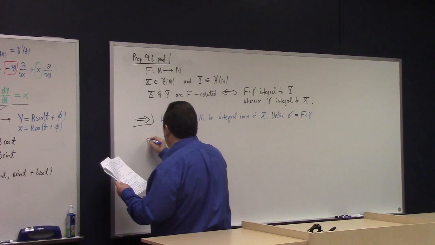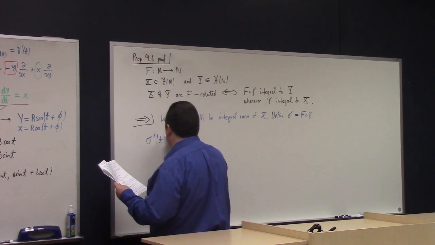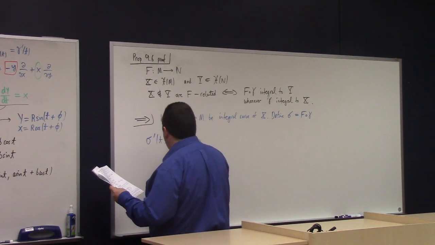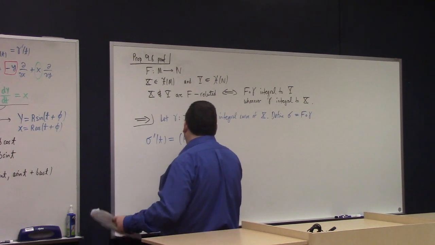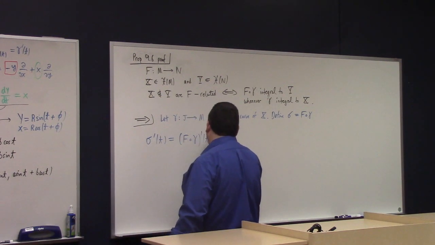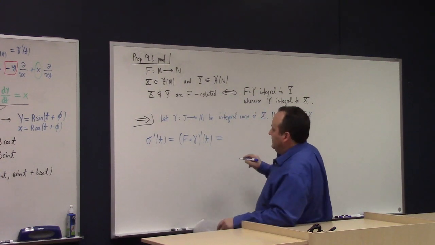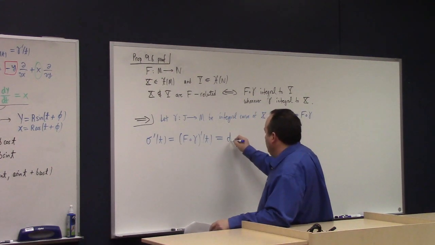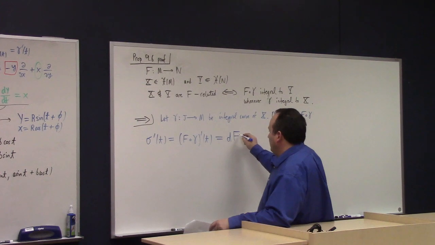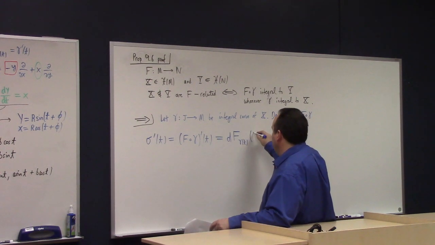Now we will calculate the derivative, sigma prime of t. All right, so sigma prime of t is the derivative of f composed with gamma at t. But we know how that goes. Chain rule. So this is dF at the point gamma of t, of gamma prime of t.